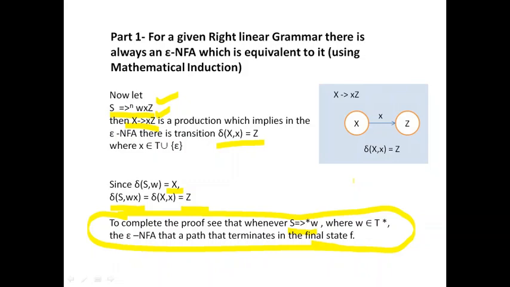So their languages are the same. Now there could be a case such that there might be epsilon NFAs for which a right linear grammar might not exist. So we must show that such a case is not possible. For that purpose, we will show that for every DFA, we can construct a right linear grammar for it.